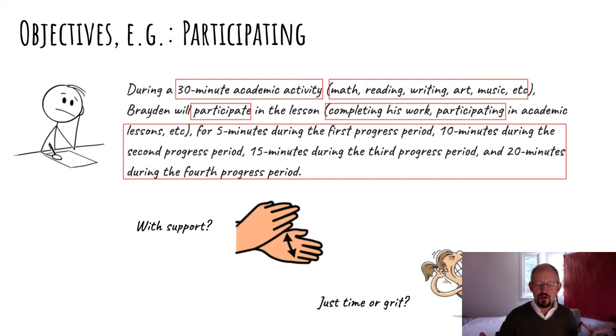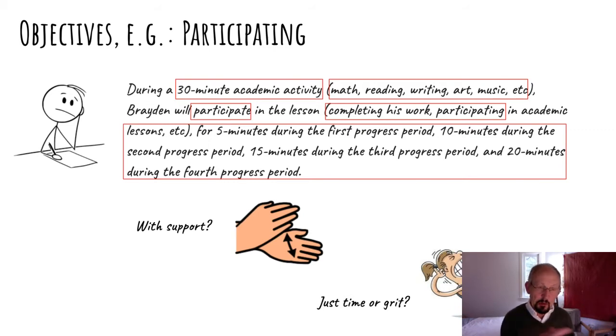Okay, so one is just cumulative time, or percentage. The other one is how long can he sustain effort before getting distracted or giving up or whatever it is. So here it's about being clear about what we're thinking about with respect to participation.